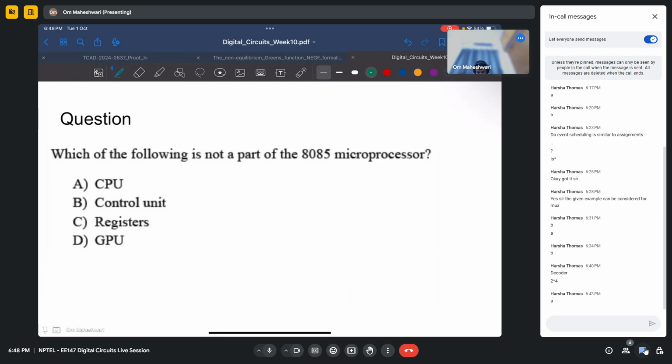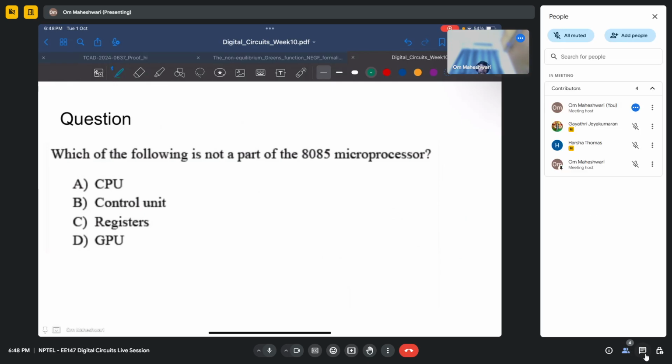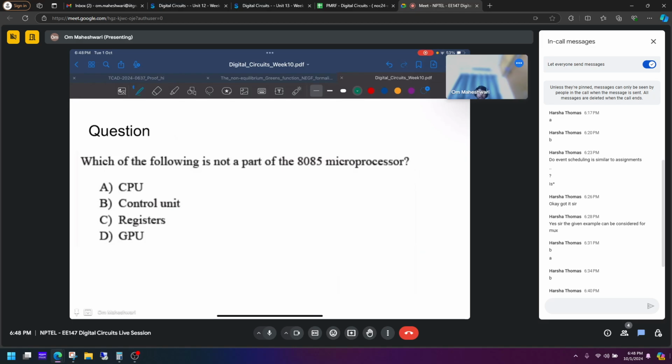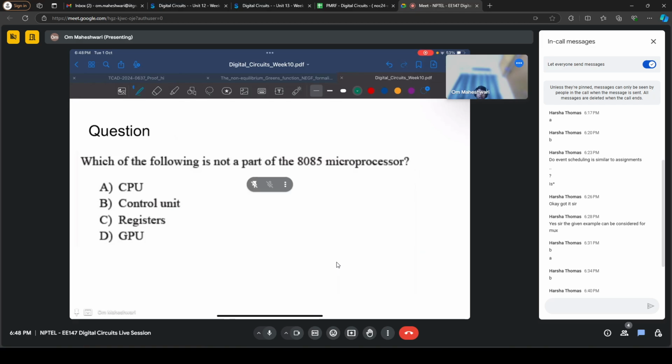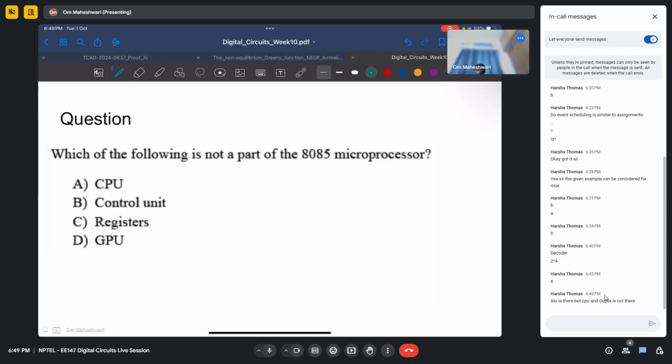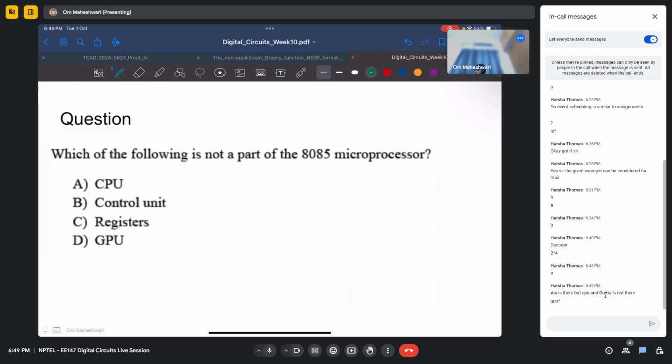Which of the following is not a part of the 8085 microprocessor? Yeah, you're right. It should be ALU.